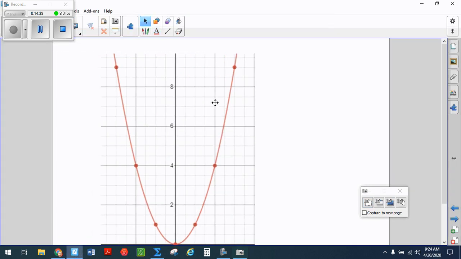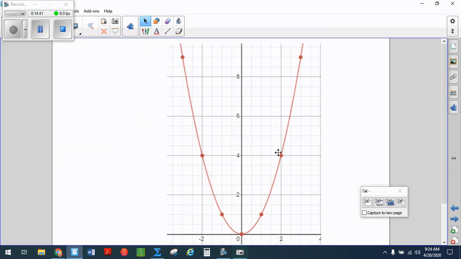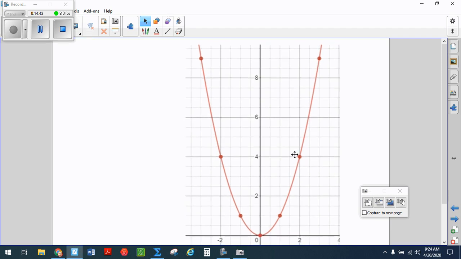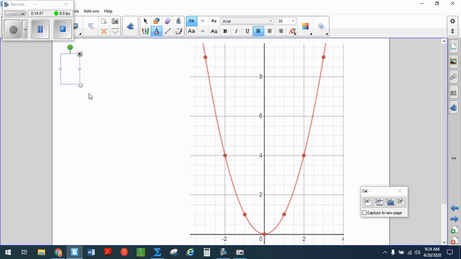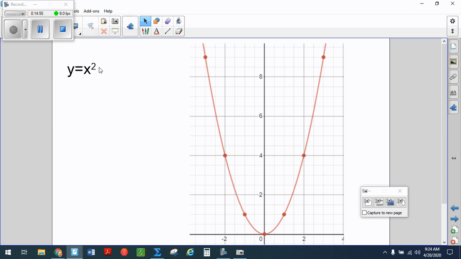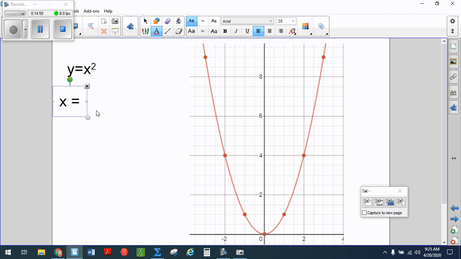All right, so here's my graph. Now, again, what's happening is we are actually typing in numbers. So we're taking the expression y equals x squared, and we're making a table of values. So if we say, for example, x equals 3, that means that y equals 3 times 3, which is 9.